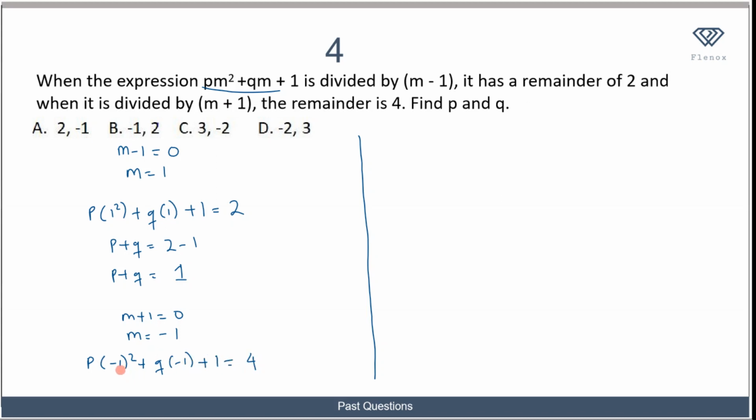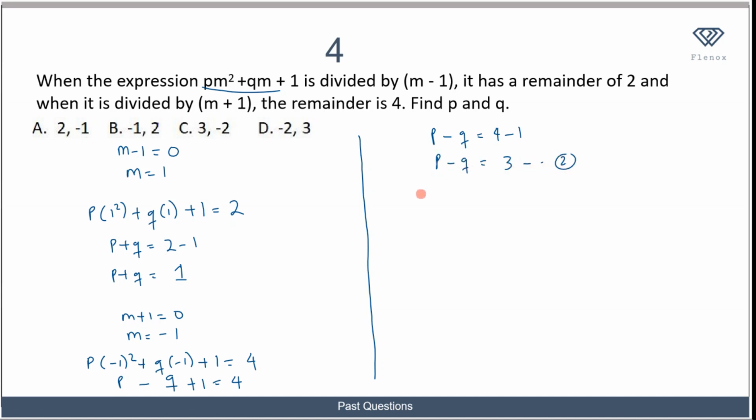So when I expand this, I know that minus 1 squared is 1. 1 times p is p, plus minus q times minus 1 will give me minus q. So I have minus q here, and I have plus 1 is equal to 4. So I have p minus q is equal to 4 minus 1. So p minus q is equal to 3.